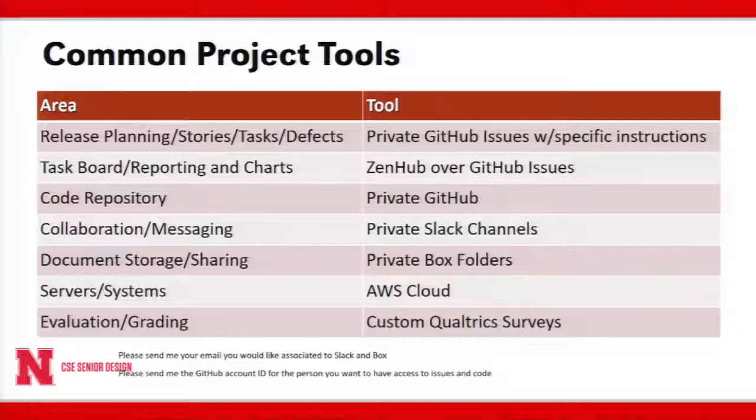We use Box for file storage and document repository pieces. And then for evaluation and grading, we'll use some Qualtrics surveys. So we can work with you, talk to your project manager, talk to your team, and get you access to basically any of these that you need access to.